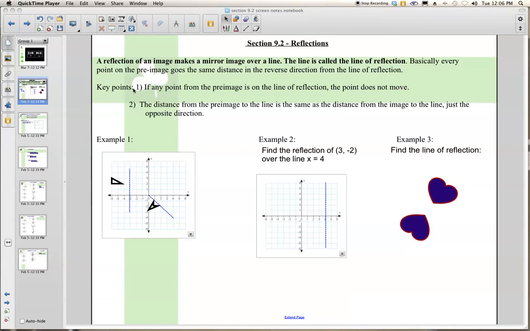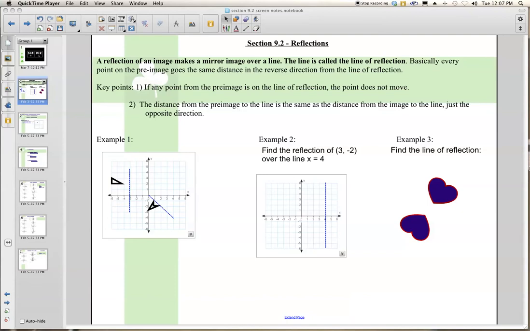The key points to remember in a reflection are, first, if any point from the pre-image is already on the line of reflection, it stays on the line of reflection. The second key point is that the distance from the pre-image to the line is the same as the distance from the image to the line, just in the opposite direction.